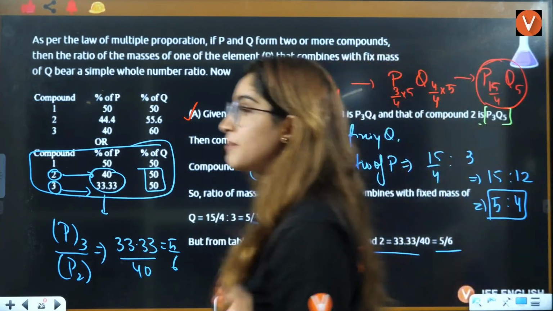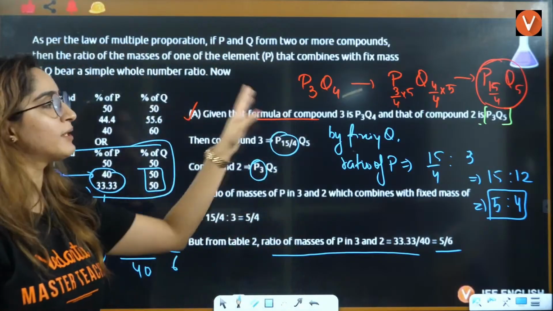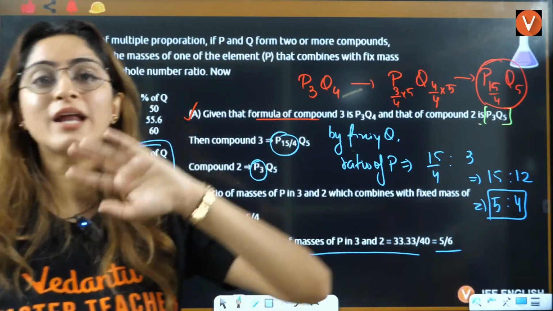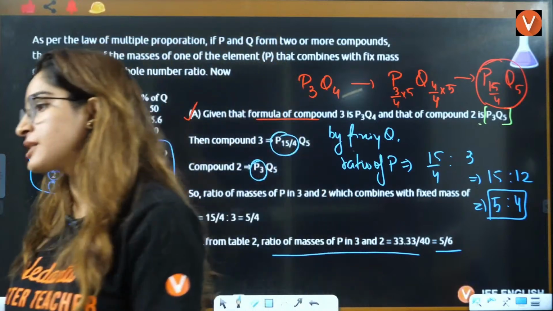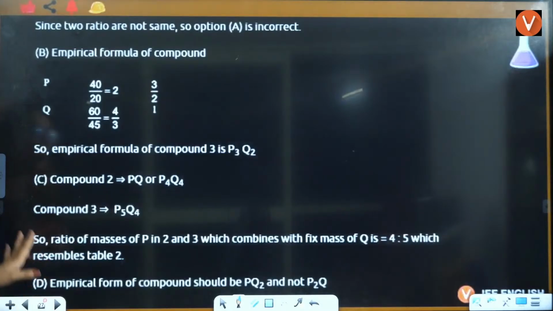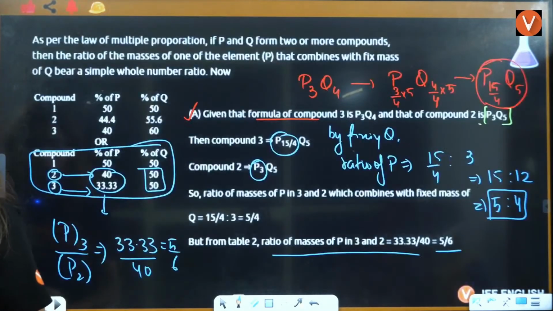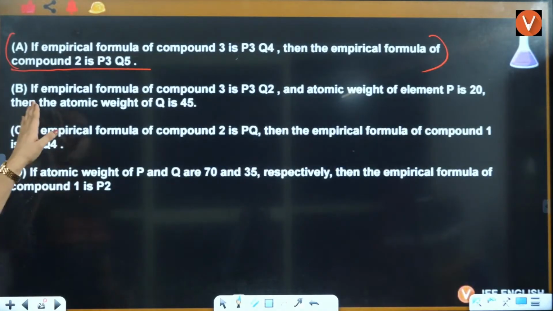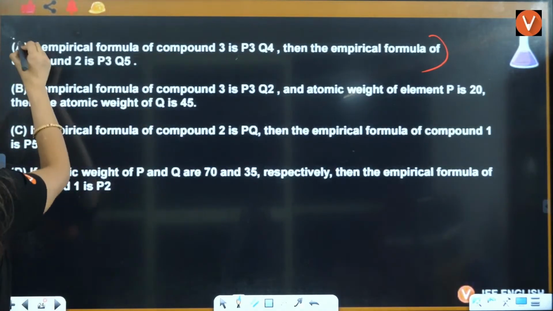That is not the same ratio. That means this statement is not correct because it is not aligned with the data given to you in the question. Now, next is the second. Wait a minute, let me see what is given here. So the first statement is definitely incorrect.